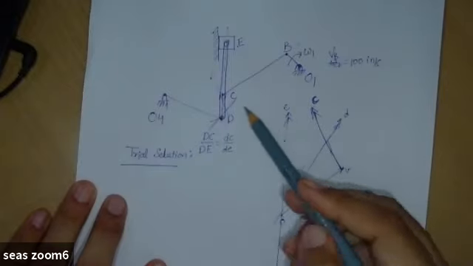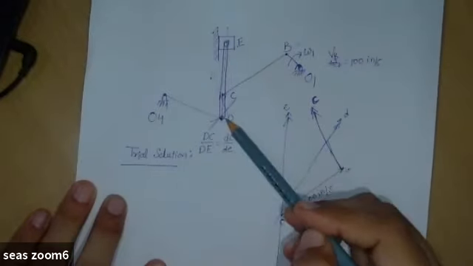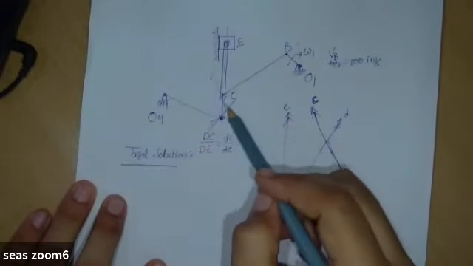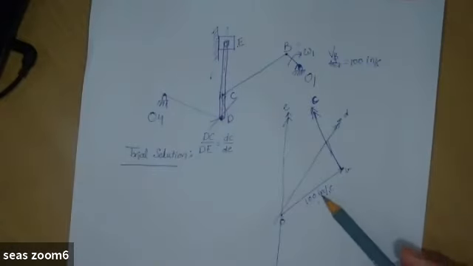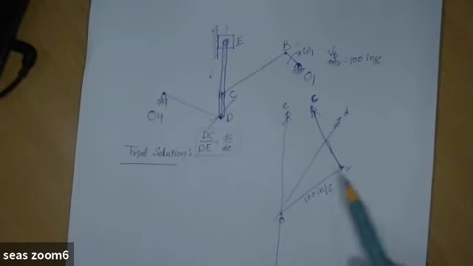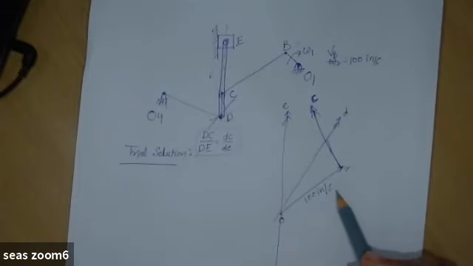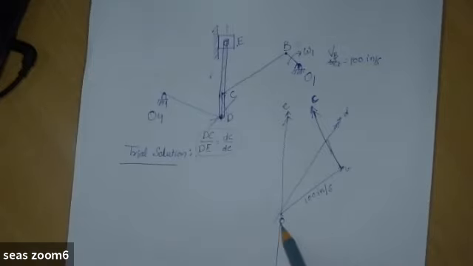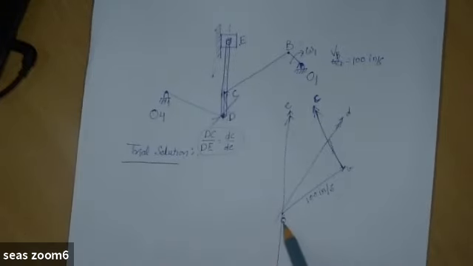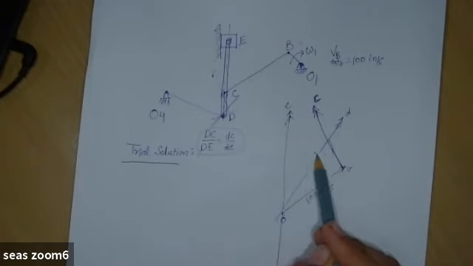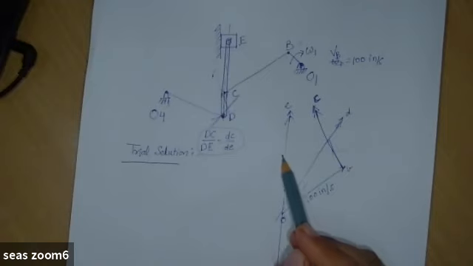Now we know that points E, C, and D must lie in a line. It means that the dimensional proportion should also be maintained. And the velocity of C is always perpendicular to the fixed point. So you can say that it will always be like this, isn't it?